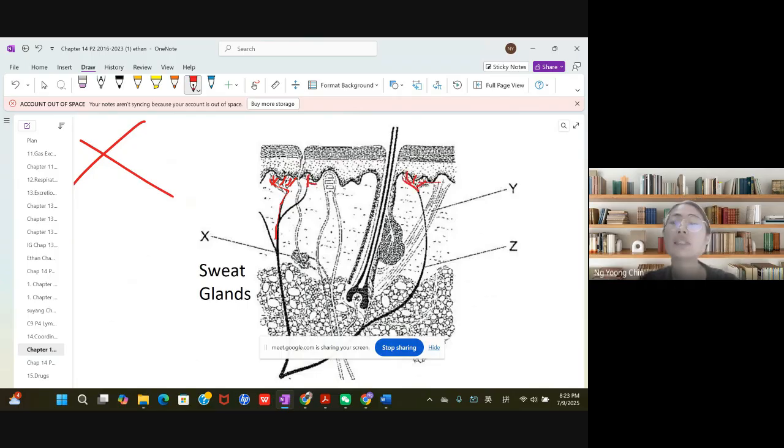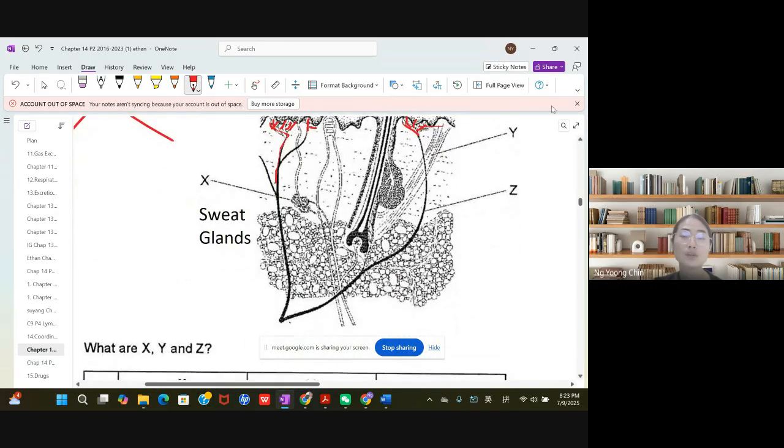This is the dendrite of the sensory neuron, and it will connect to the receptors under the skin, for example the pain receptor and thermoreceptor. Those receptors are connected to the sensory neuron. So this long branch is a sensory neuron.